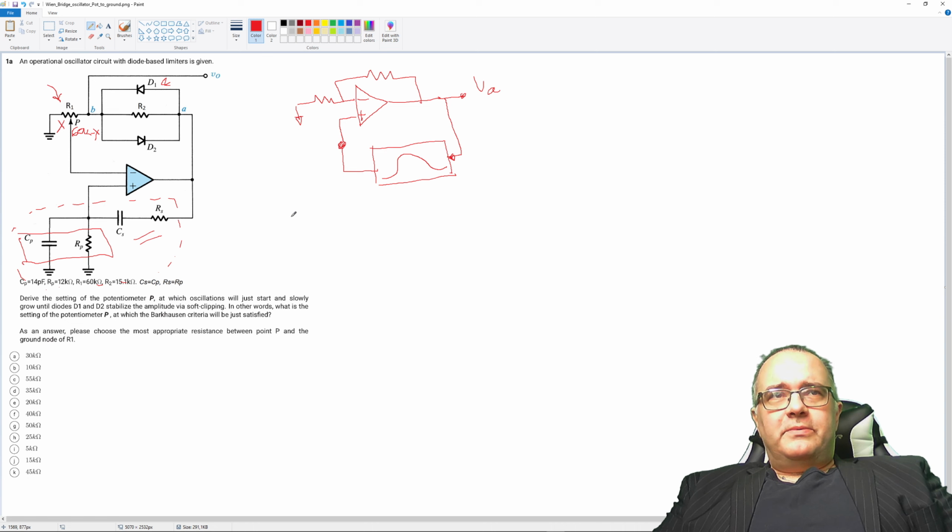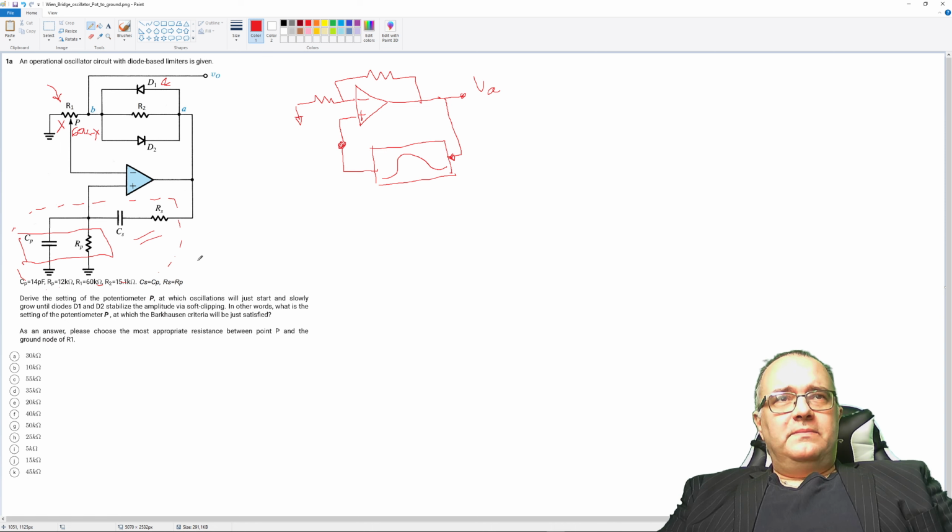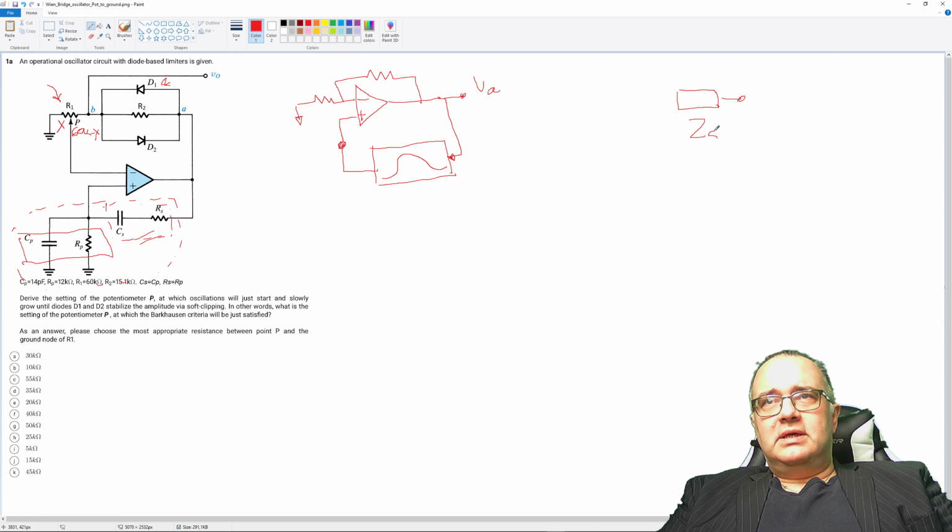Okay, so let's recap quickly the theory of the Wien bridge. Here we have RS and CS, just as one common impedance, like ZS. We have here, say, node VC, and on the other side is the node VA, so this node, and here is ZP.